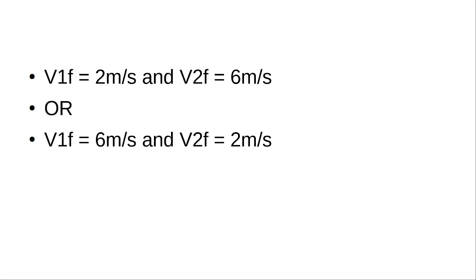If after the collision the velocity of the first ball is 6 meters per second, that would mean it would increase its velocity, which doesn't make sense. So, the final velocity of the first ball must be equal to 2, and the final velocity of the second ball must be equal to 6.